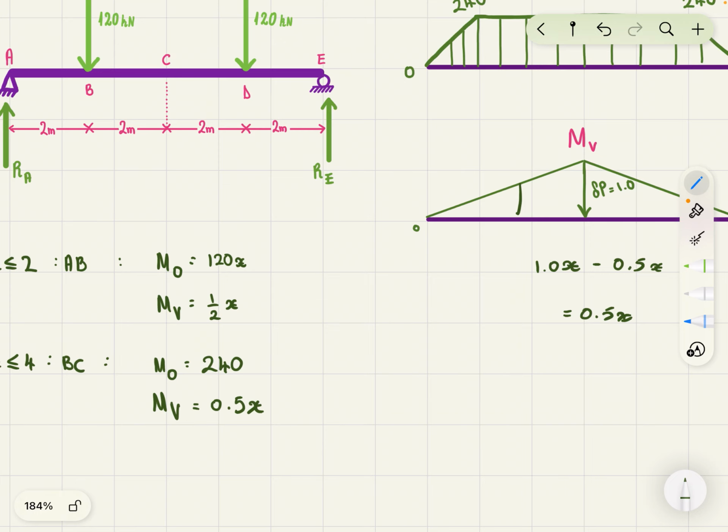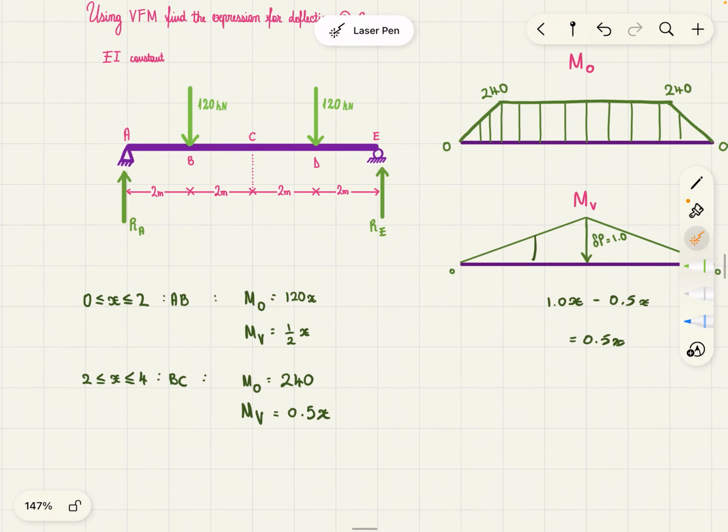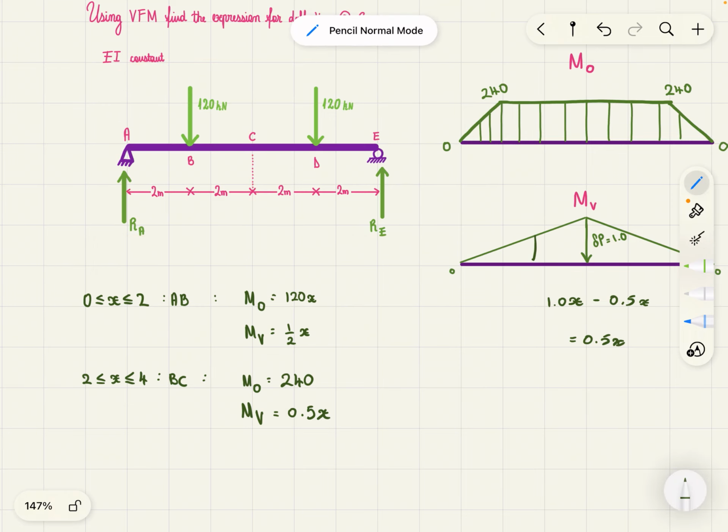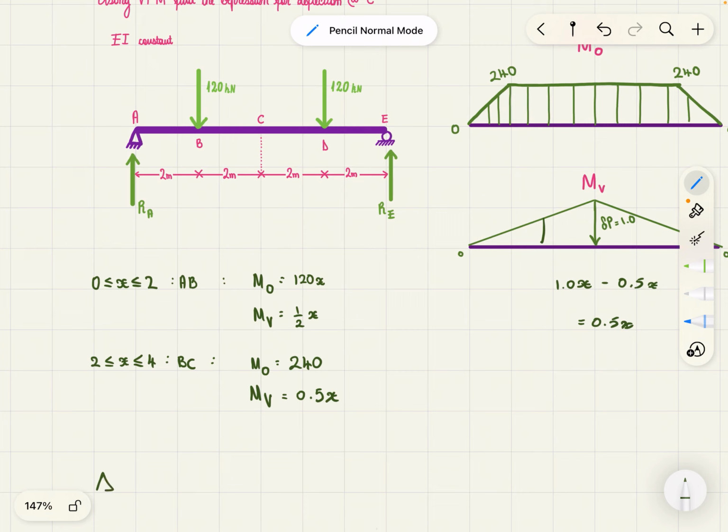Okay. Now, this structure is symmetrical, so I'm just going to leave it here. It's the same from C to D. And to find the virtual deflection, the formula would be integrating the real moment multiplied by the virtual moment over EI.